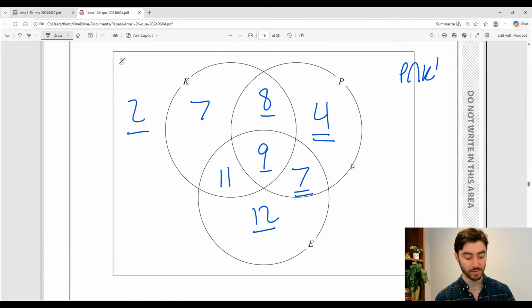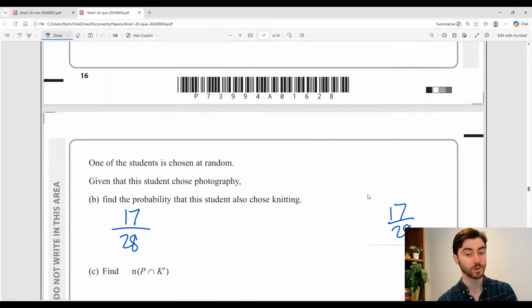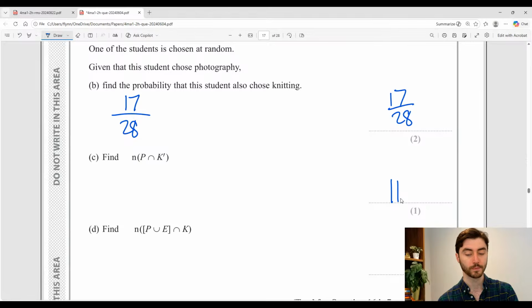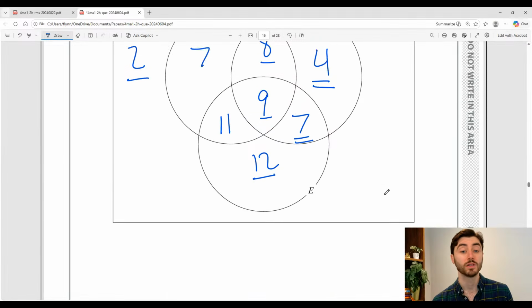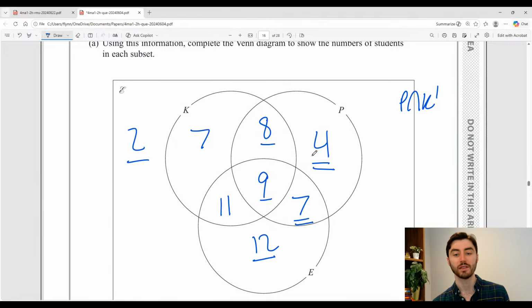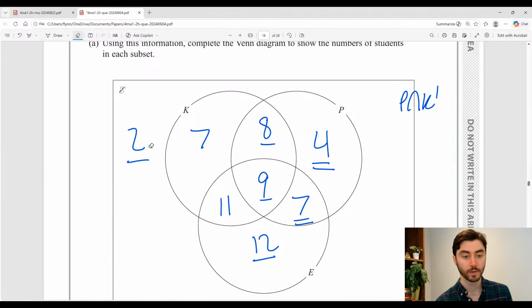So the answer is 11, because there's 7 people here and 2 people there. The answer is not 2. The answer is 11. By the way, if they wanted union, you would add together anything that's underlined at all.